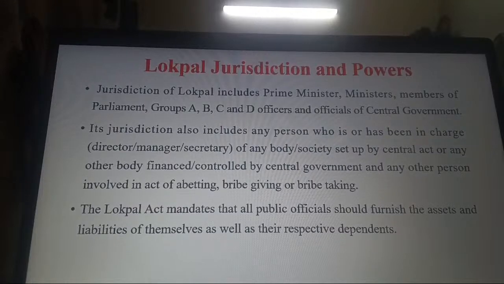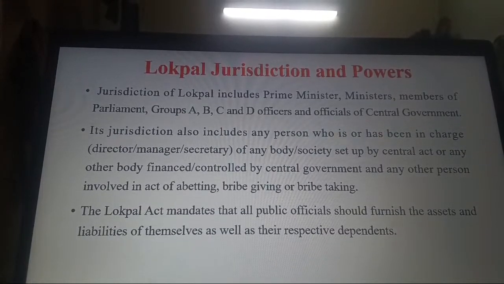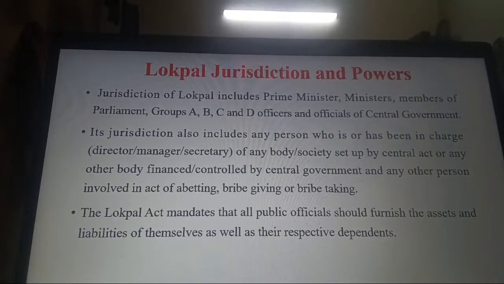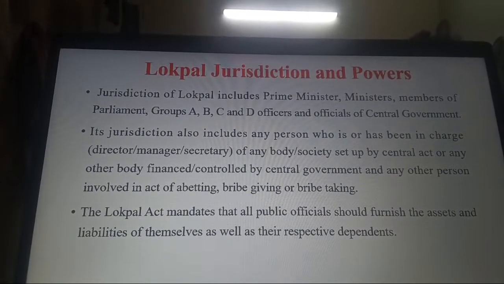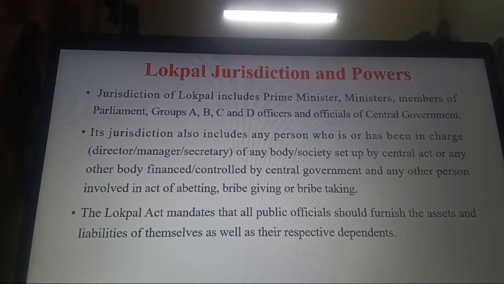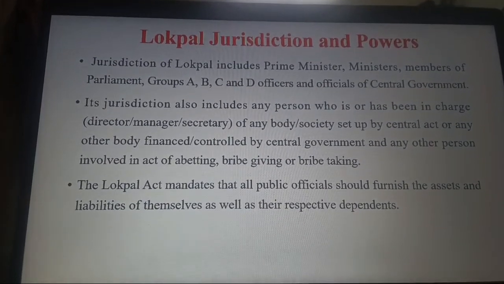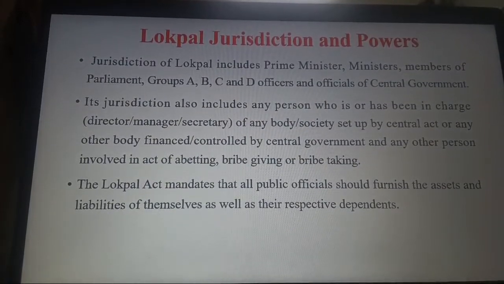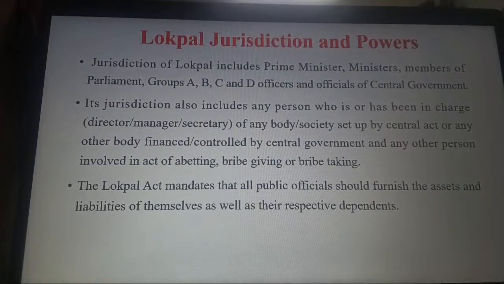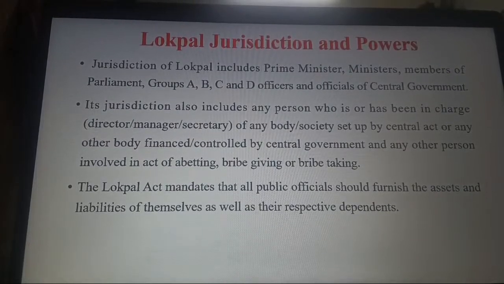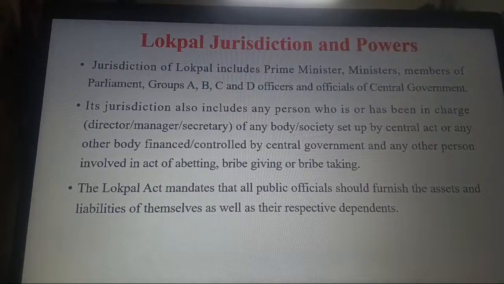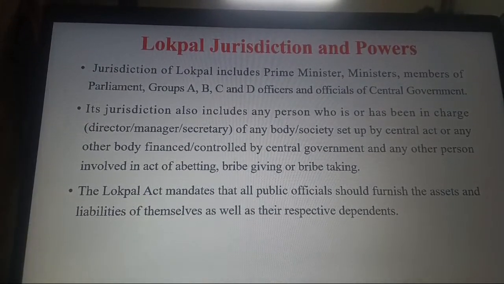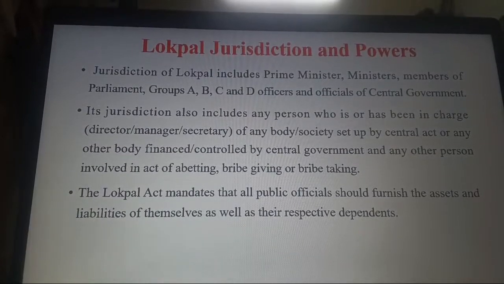Its jurisdiction also includes any person who is or has been in charge, director, manager, or secretary of any body or society set up by a central act or any other body financed or controlled by the central government, and any other person involved in the act of giving or taking a bribe.